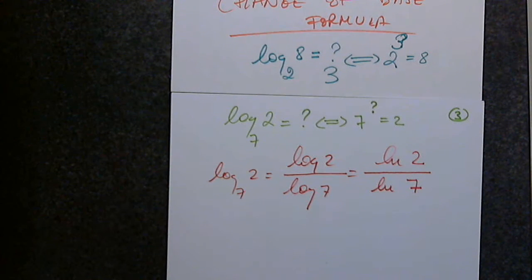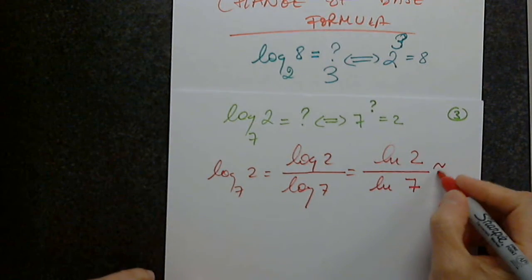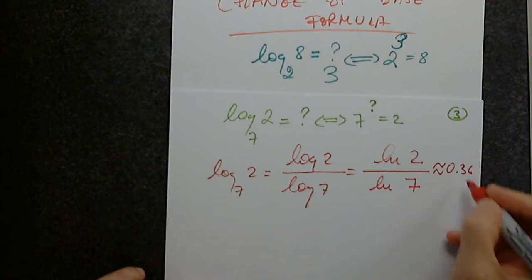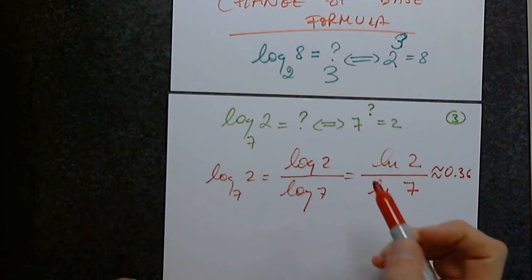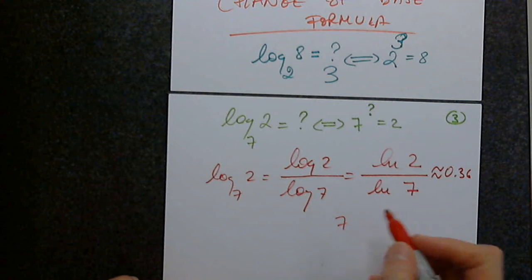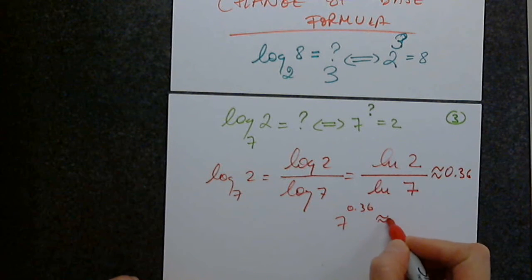But if you use the previous answer, you will get 2. And would you agree that the answer is 0.36 approximately? Good. So in my notes, I would write that this is approximately 0.36. And I checked that 7 raised to approximately 0.36 is approximately 2.